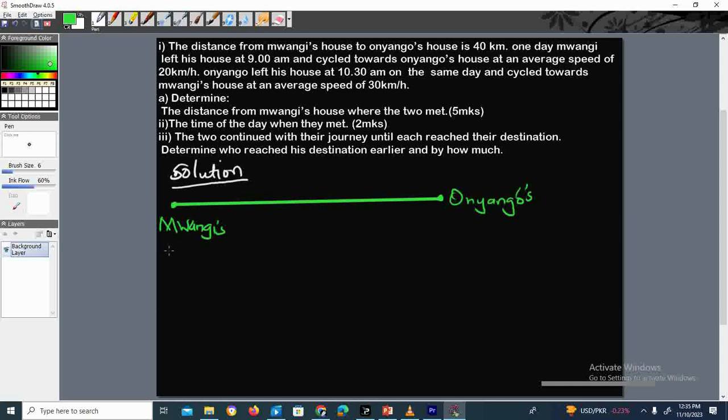So Mwangi left at 9 a.m. and cycled towards Onyango at an average speed of 20 kilometers per hour.